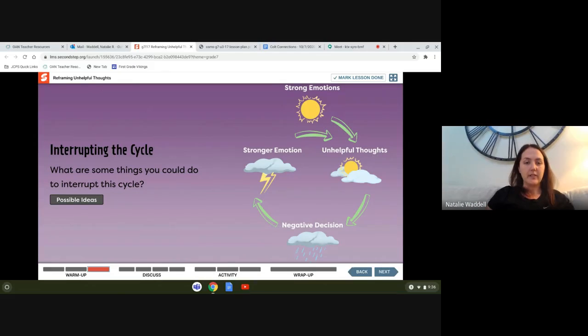Now I want us to look at how we can interrupt that cycle. How we can interrupt the cycle of unhelpful thoughts that lead to negative decisions so that we have a better chance of making positive decisions. Let's take a look at the cycle that's on the screen over here.